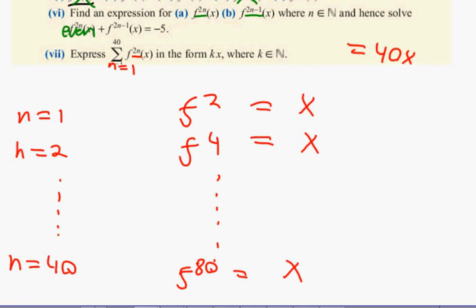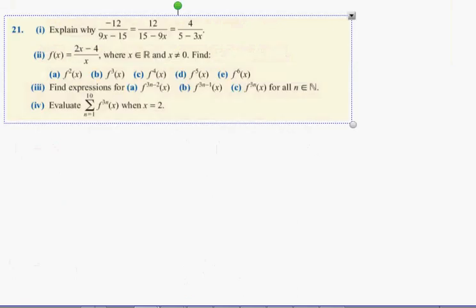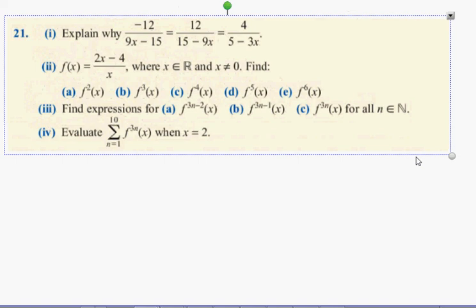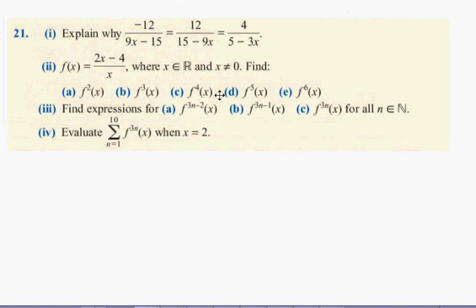This one is the same deal, but the only part you might get confused on is the first part. In the first part, guys, explain why 12 over 9x minus 15 is the same as 12 over 15 minus 9x, which is equal to 4 divided by 5 minus 3x. Well, look at this, guys. Step 1. Multiply the top and bottom by minus 1.